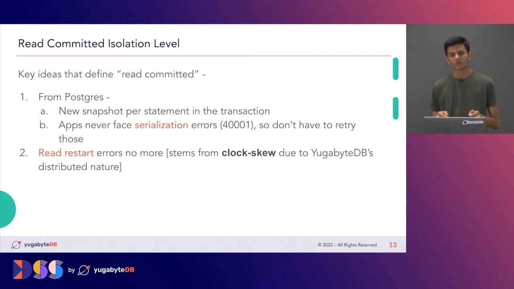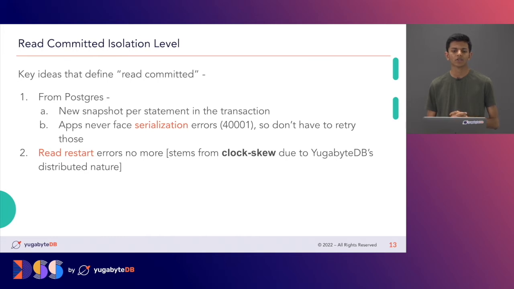So now different databases solve this in different ways. Some of them try to put tighter bounds on the clock skew by fancy algorithms, and some others just surface the error to the client in terms of read restart errors, like what Yugabyte does, right? So this is a real problem. In later slides I'll show you how this occurs, etc. But the thing is, the semantics for read restart errors were not defined because Postgres is a single node database, right?